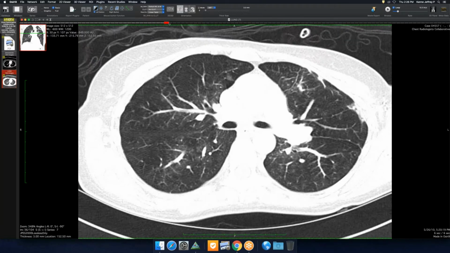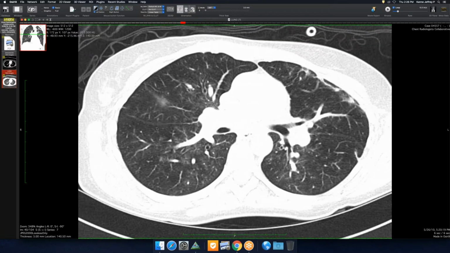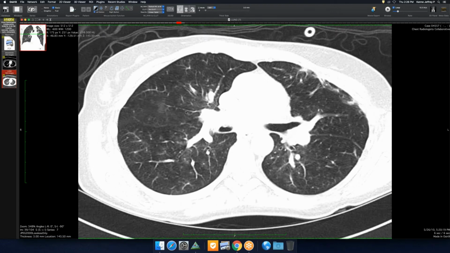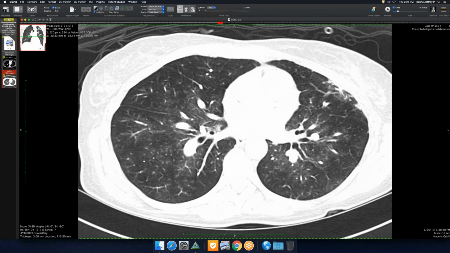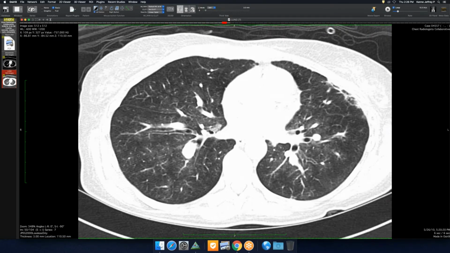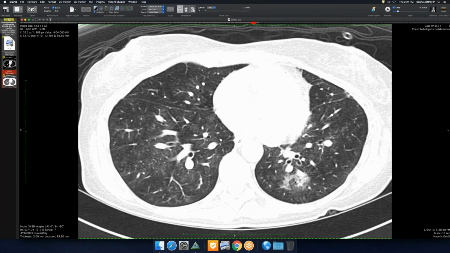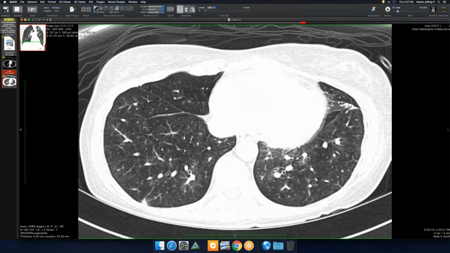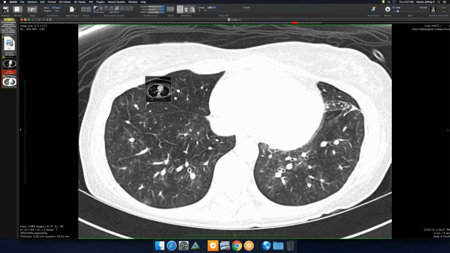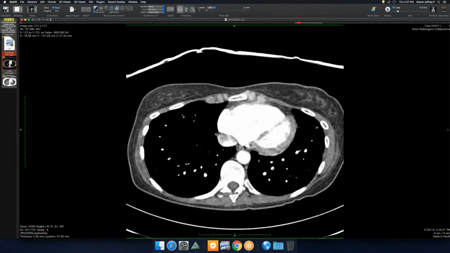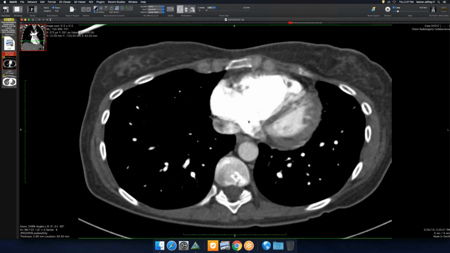This was an outside scan, so it was thicker cuts than we do here, but you can see the patchy ground glass and just the heterogeneity of it. You get the sense some are centrilobular, but you don't have those well-defined tree-in-bud. And this almost looks like a little organizing pneumonia. But she had severe pulmonary hypertension. You can see her right heart is really dilated.